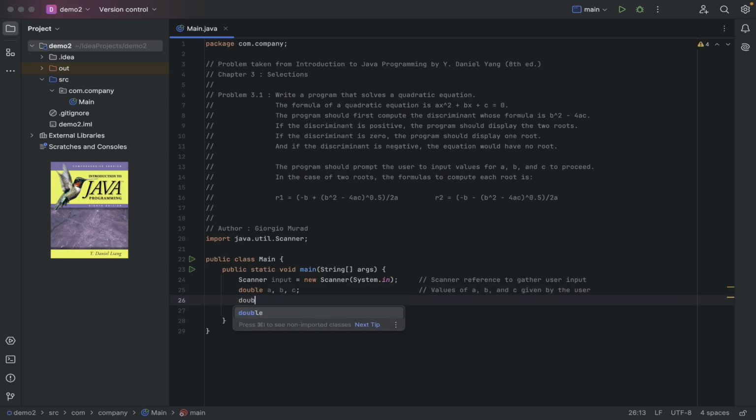And also I'll set a double variable for the discriminant, and 2 double variables for the two roots, R1 and R2. So the two equation roots.